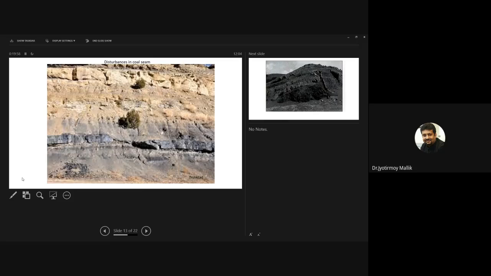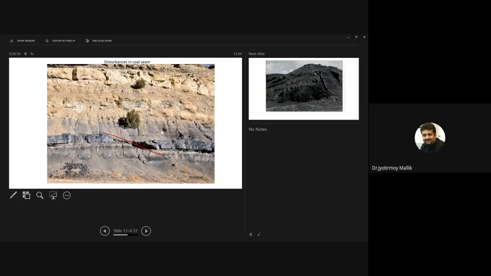Now you can see a coal seam from Trinidad. You can see a beautiful fault present in that coal seam as well that has displaced the coal seam. The normal fault was first described in a coal mine.